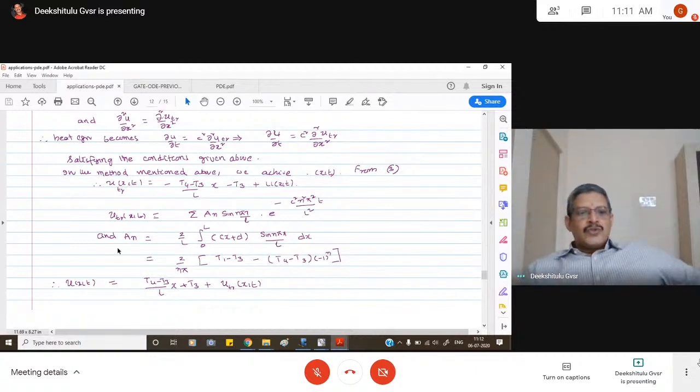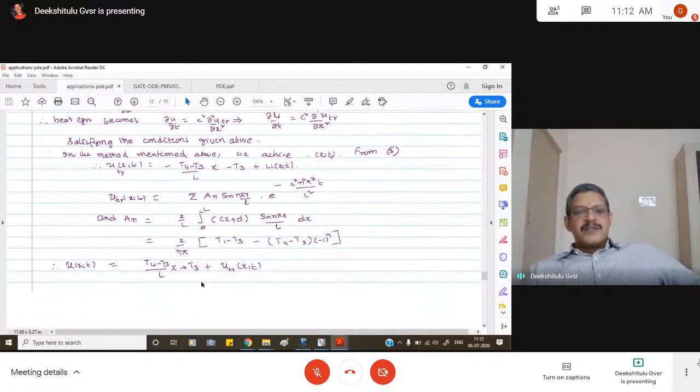So U_TR of x,t is a_n sin(n pi x by L) e to the power minus c squared n squared pi squared by L squared into t, and a_n is given like this. With this, U of x,t is (T4 minus T3) by L into x plus T3 plus U_TR of x,t. But you have to be very careful in calculating this a_n.